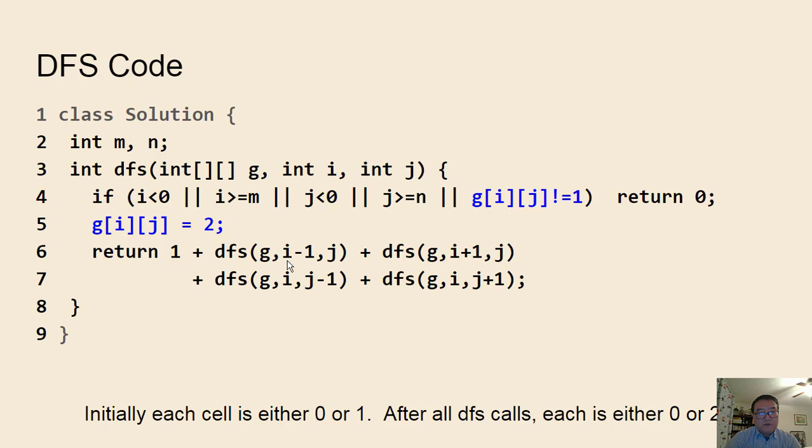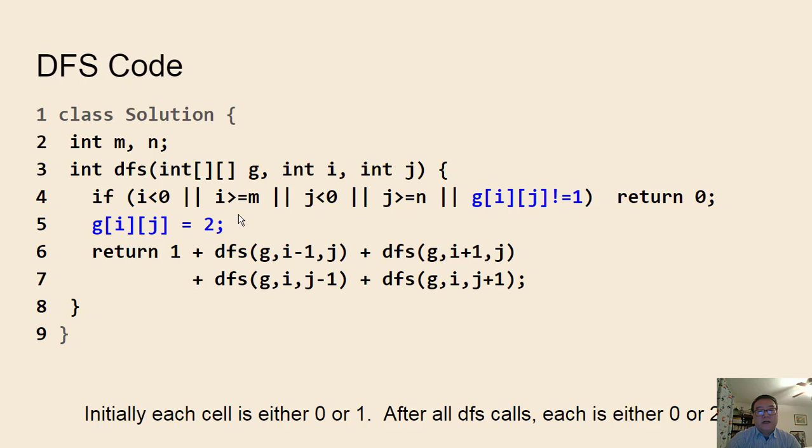If it is 1, we want to visit all the neighboring cells: i minus 1, j; i plus 1, j; i, j minus 1; and i, j plus 1. We calculate all the area that we can reach from each neighboring cell, and then we add 1. However, when we go to our neighbor, it will also execute this code, and we don't want to go back and visit this cell again.